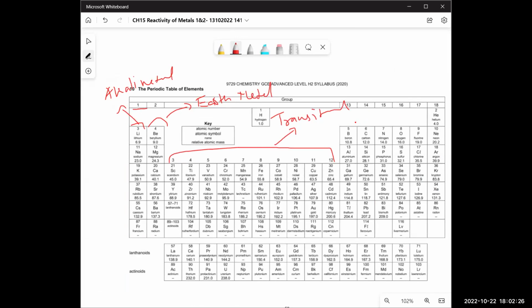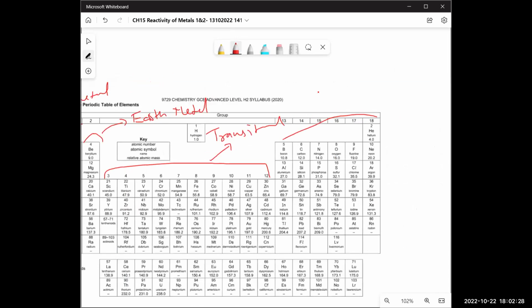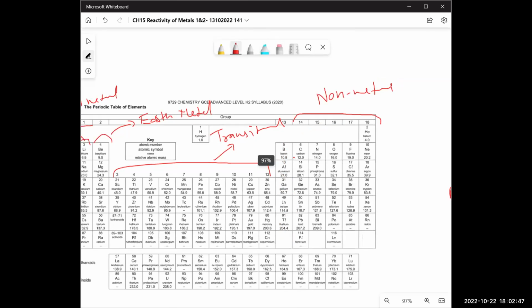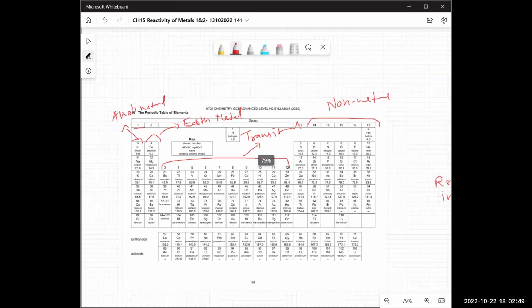And most of these are non-metal, except aluminium and gallium, which are metals. Everything from group 14 is non-metal. Fine. So that's what we have here: alkali metal, earth metal, transition metal, non-metals.